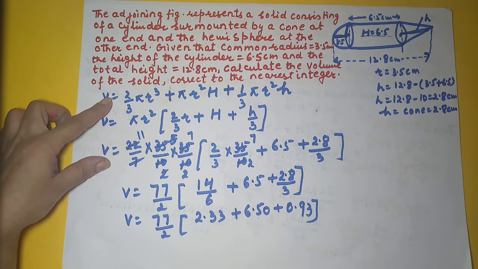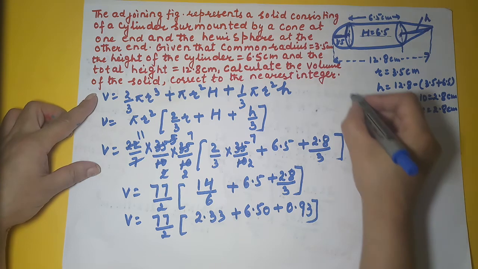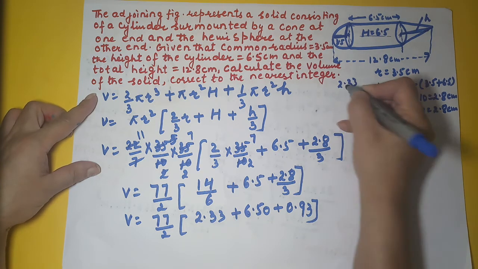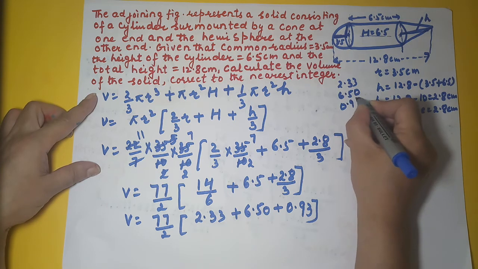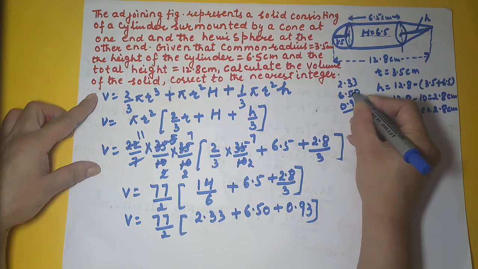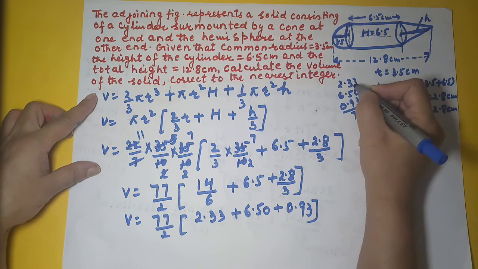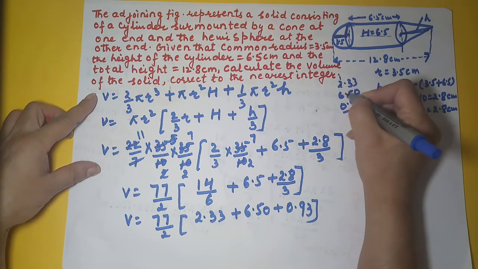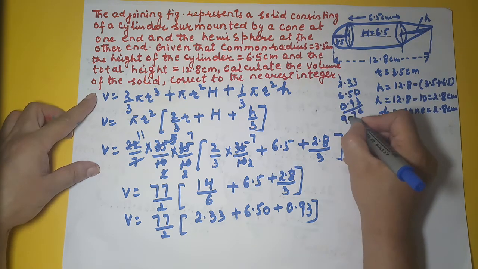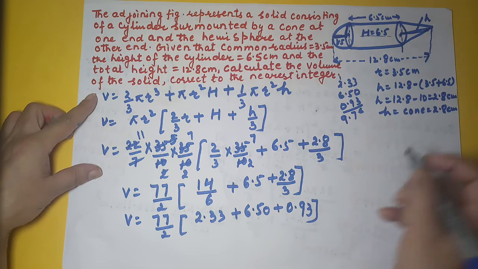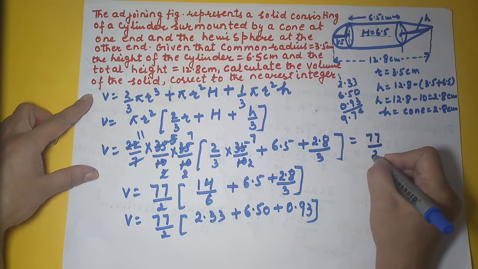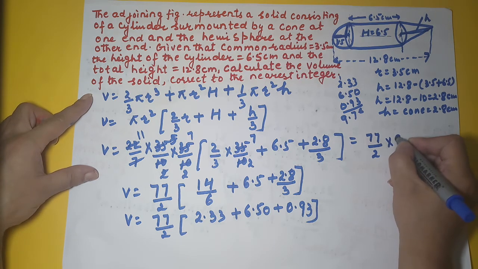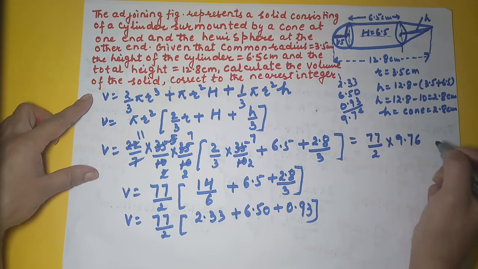So if we add all these, we are getting 2.33, 6.50 and 0.9367739, so 9.76. So finally we got 77 by 2 into 9.76.